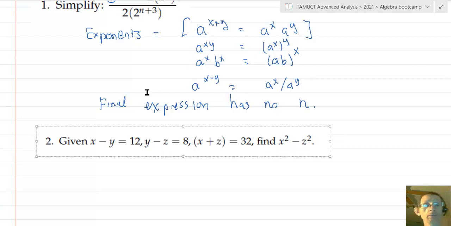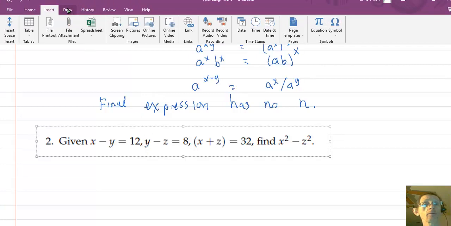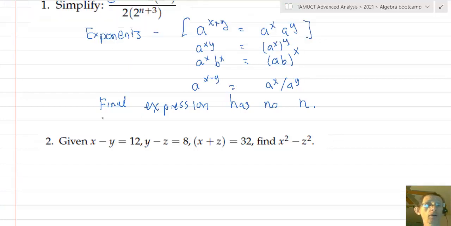Now let's see how we're going to attack this. If we look at this setup, what do we have? Algebra always has variables. In this case, we have more than one variable. Our variables are x, y, and z, and we have three equations.